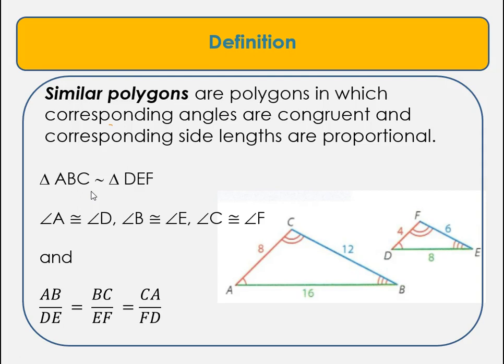AB is proportional to DE, BC to EF, and CA to FD.